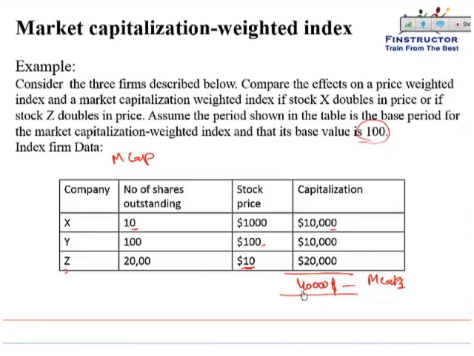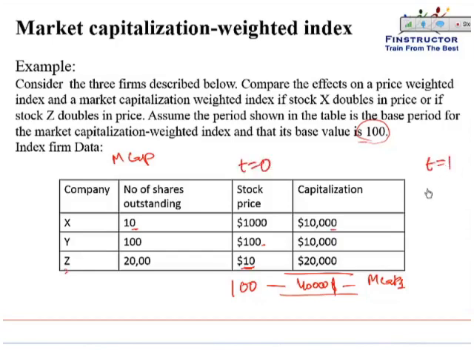So instead of representing such a big number, the first time we do this market cap calculation, we give it some base value. For instance, in this case, we give it a base value of 100. Now, this is the stock price at t equal to 0.